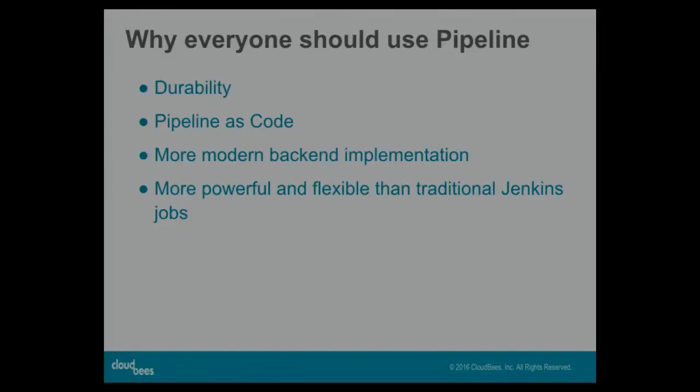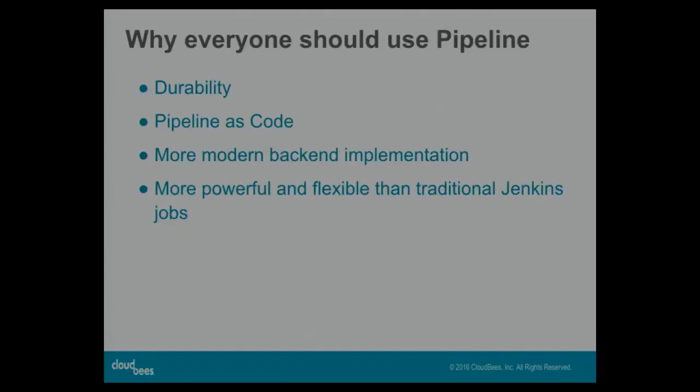It gives you pipeline as code, the Jenkinsfile, the ability to have your Jenkins build definition checked into source control, versioned alongside the rest of your code. Pipeline has a much more modern backend implementation in the Jenkins internals than the traditional freestyle builds do, which gives us a lot more potential for improvements and optimizations going forward.